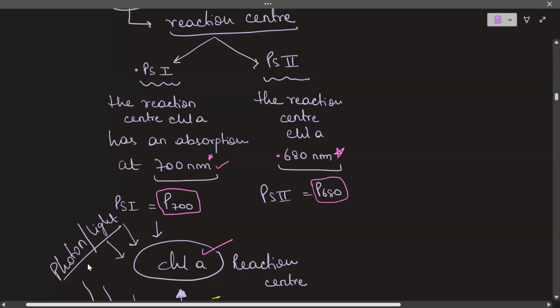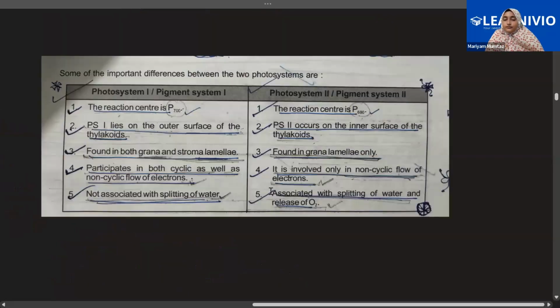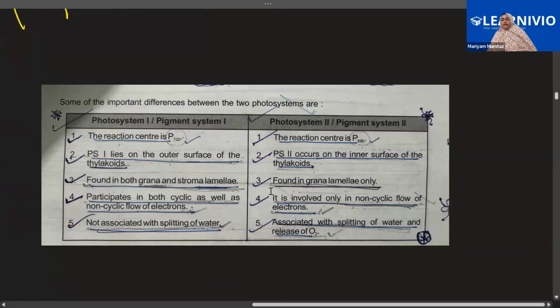Okay, are you able to see the screen? Yes, ma'am. The difference table is clearly visible to everyone.